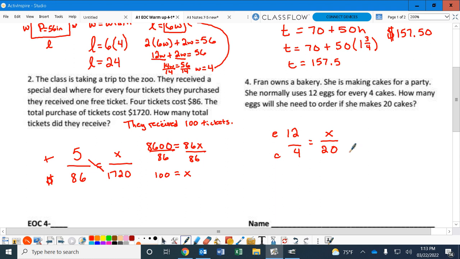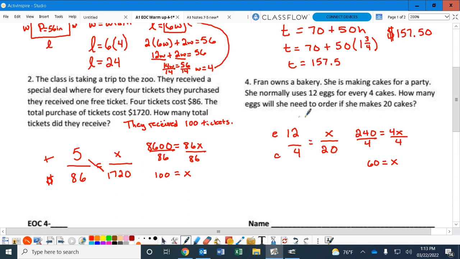To solve any proportion, we cross multiply. So what's 20 times 12? 240 equals, when we do 4 times x, it's just going to be 4x. Divide both sides by 4. 60 equals x. Again, depending on what kind of answer it is, do you just put the 60 in the little box? Do you just pick 60 on the choice, A, B, C, D?